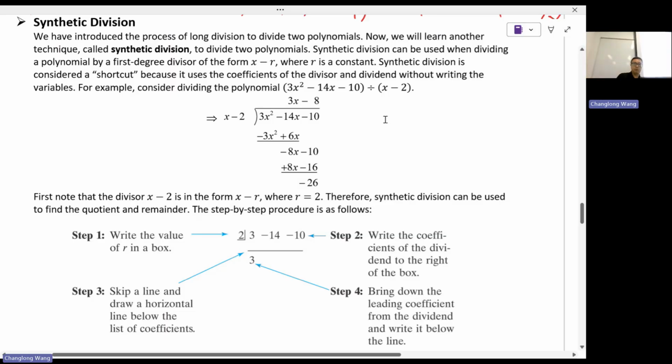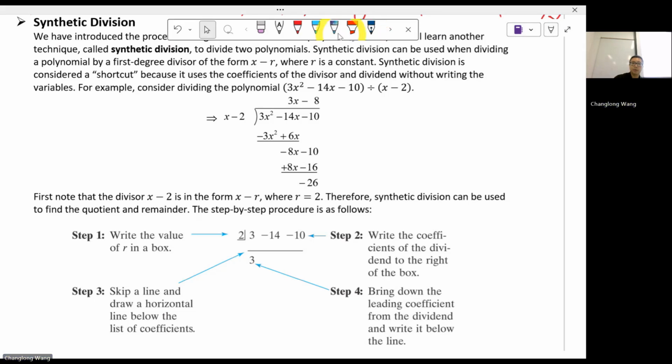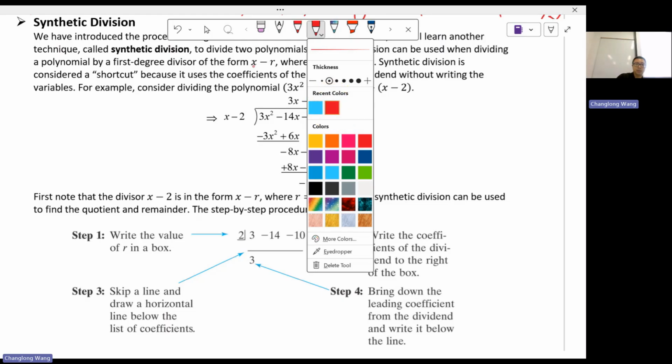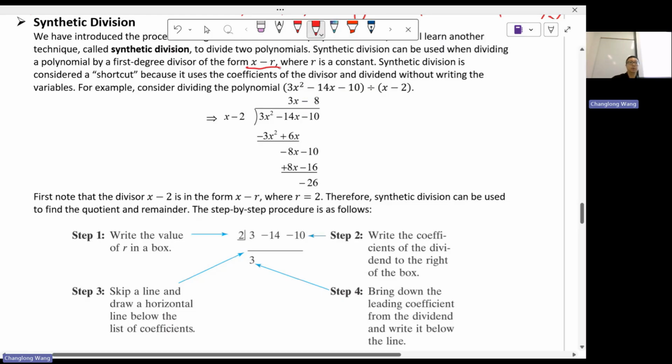But here's the trade-off. You have to work with a degree 1 divisor in exactly the form x minus r, where r is a constant, if you want to follow the particular algebra or algorithm that this book provided to us, which I'm going to show you in a minute.